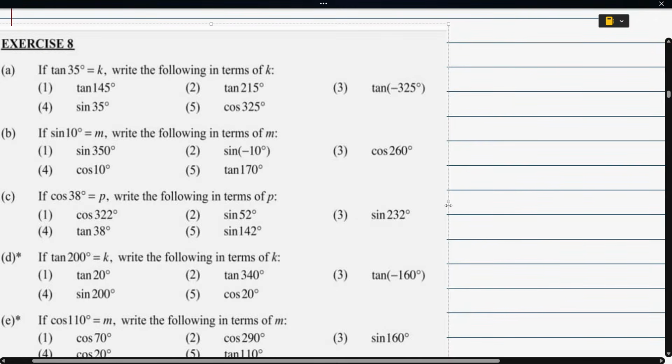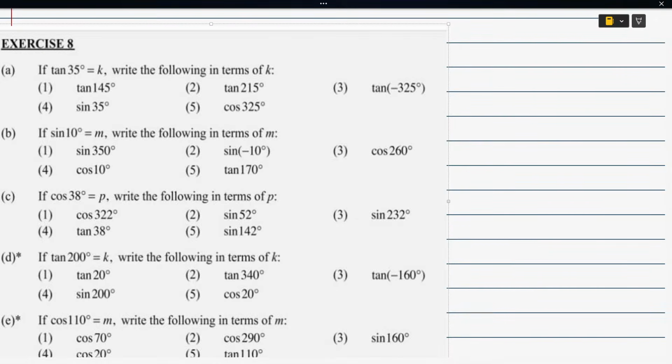Okay, let's look at this one. What is it that we have, learners? It's tan 35 degrees is equal to K. You just put it over 1.